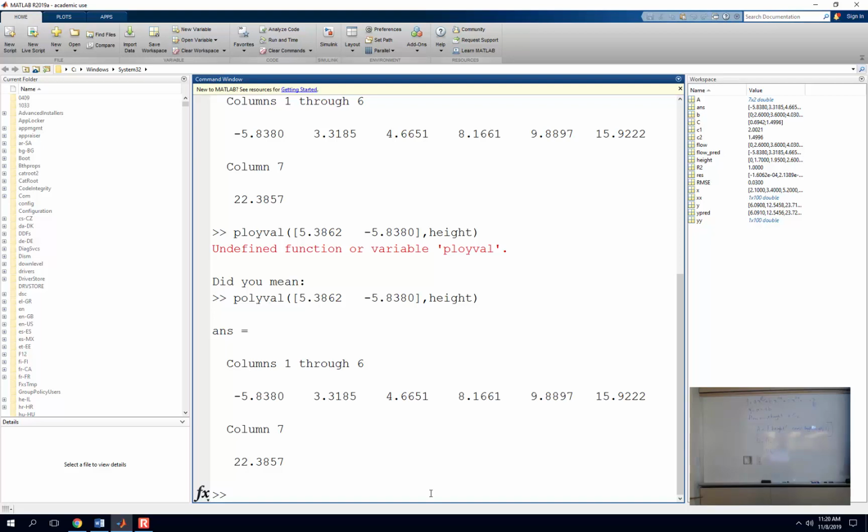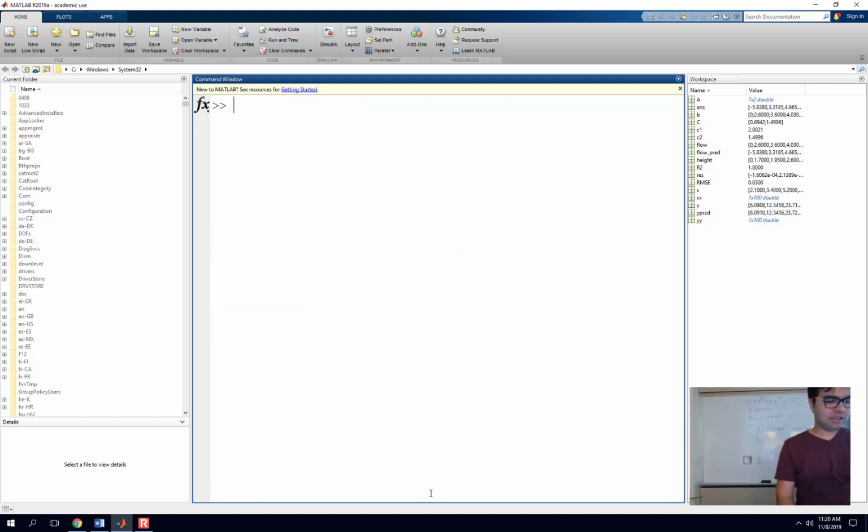So what we have done so far was for polynomial of order 1. We redo the same thing for polynomial of order 2. I do C is equal to polyfit, and the reason that I do C is equal to polyfit is because now I'll have 3 values. It's just easier to put them in a vector and use the vector instead of copy and pasting the values.